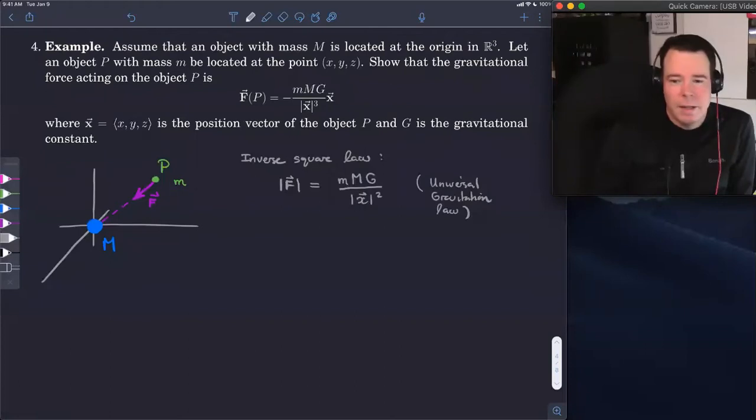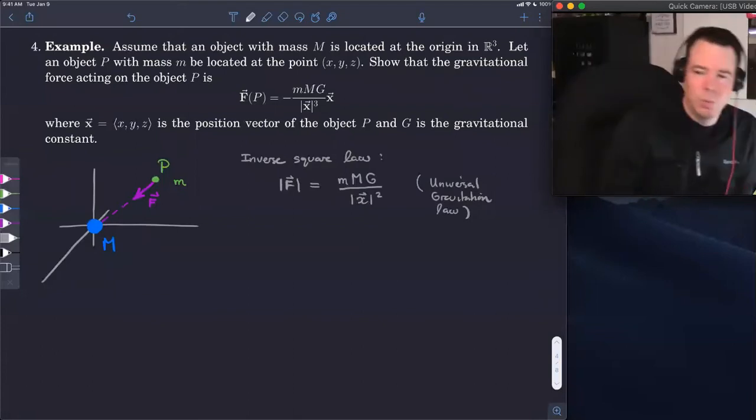In the case that the mass M is the Earth and our other mass, little m, is near the surface of the Earth, then we use m little g, and little g is just some combination of the mass of the Earth, the big G gravitational constant, and the radius of the Earth, all thrown together.